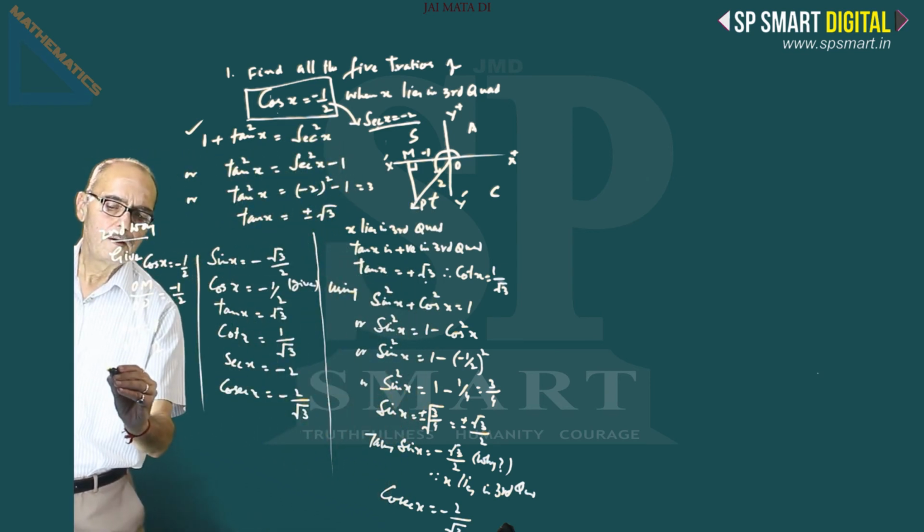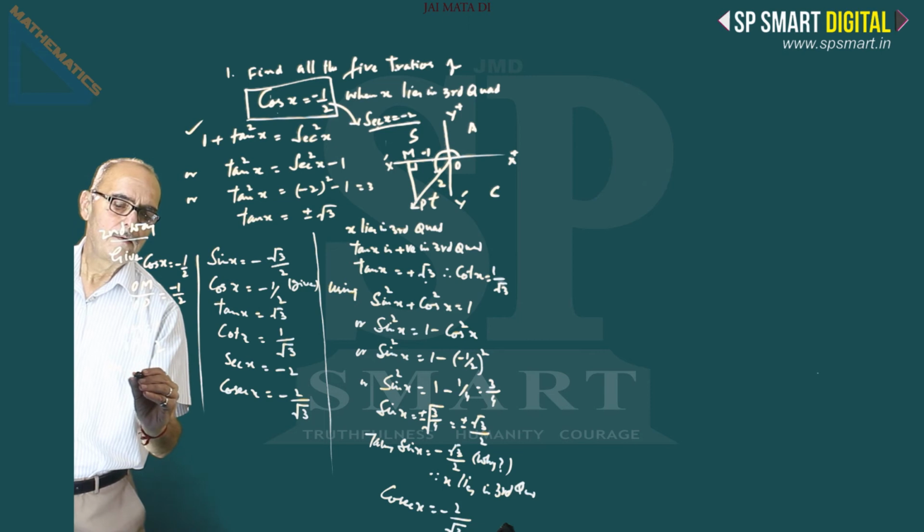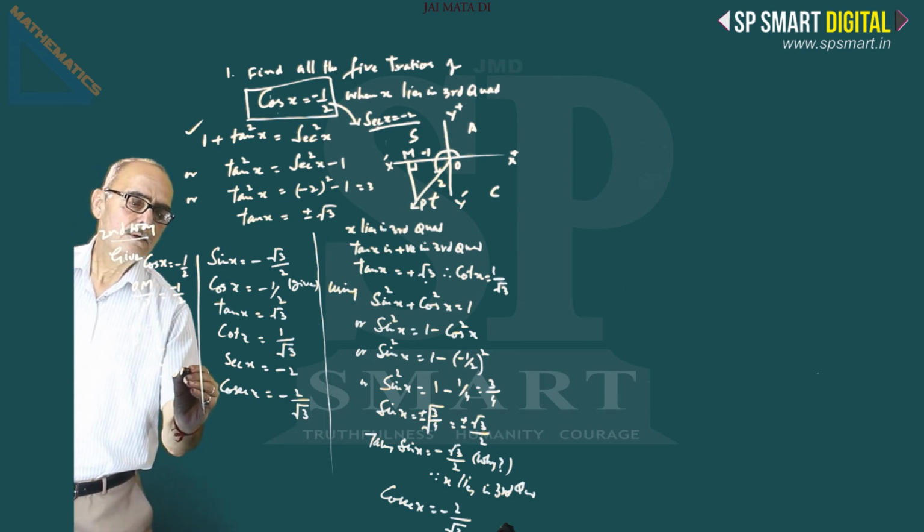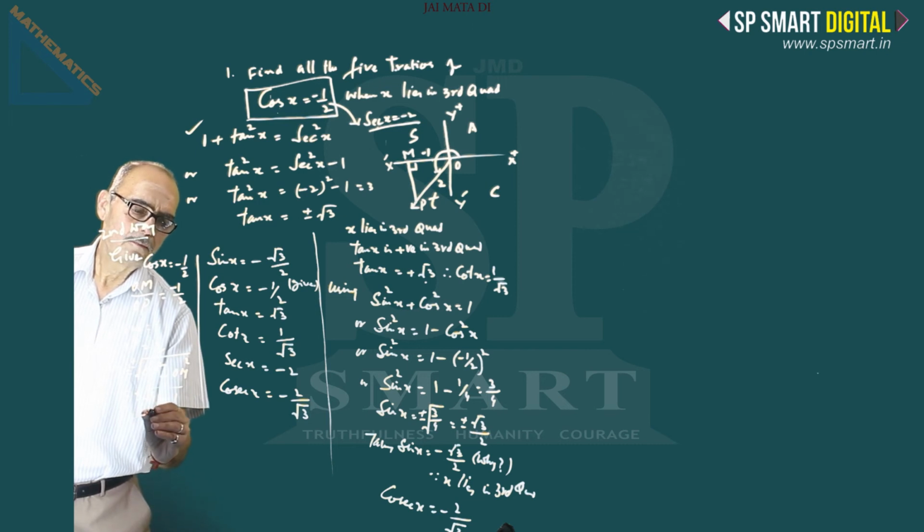PM is OP square minus OM square under root with plus minus sign. So, this will be plus minus 4 minus 1 under root, plus minus root 3.